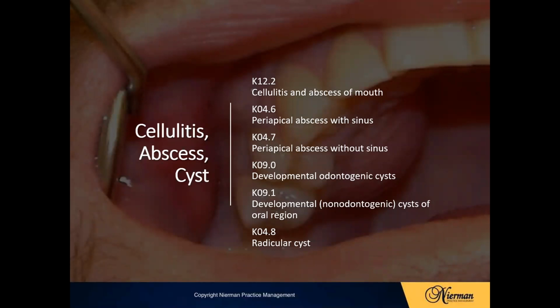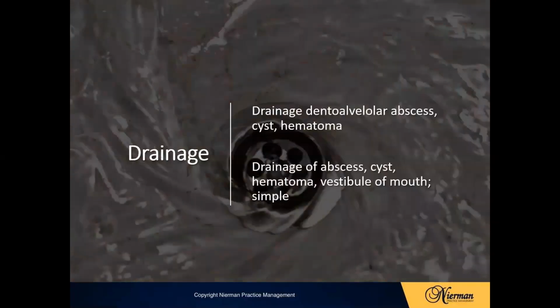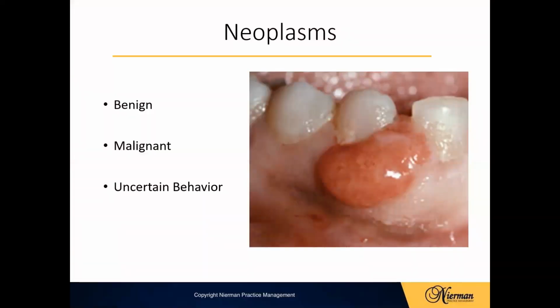So these are diagnosis codes, again, to show the reason the patient's there, whether it be cellulitis and abscess or a non-odontogenic cyst. And then, once you figure out what's there, if there's an abscess, you're going to have your procedure codes for the incision and drainage, okay?